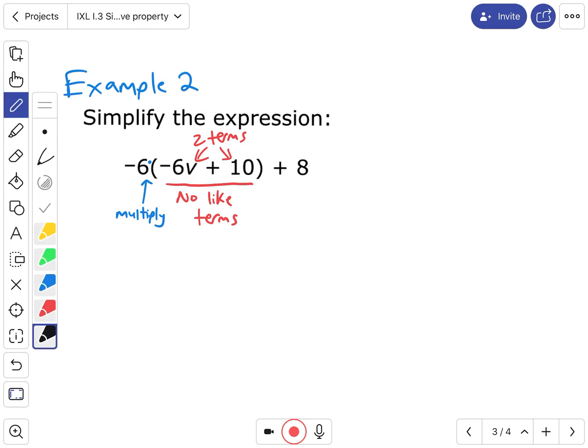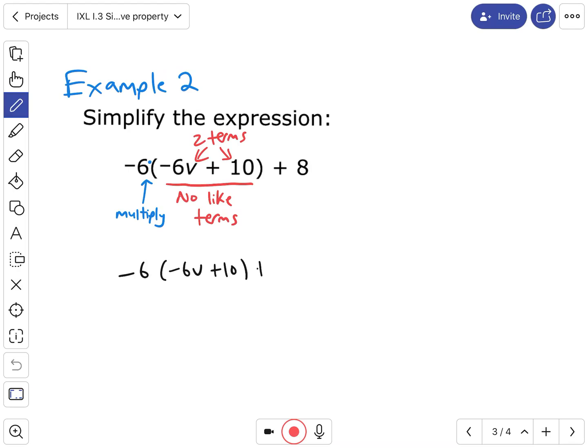So let's go ahead and recopy this problem here. I know it's up there, but that has a bunch of notes on it, which is really good because it explains what's going on. But let's write this down here. Let's rewrite this dot there, because what we're going to do is distribute. And to distribute, what I want you to draw are arrows. So because this has 2 terms, we're going to draw 2 arrows.